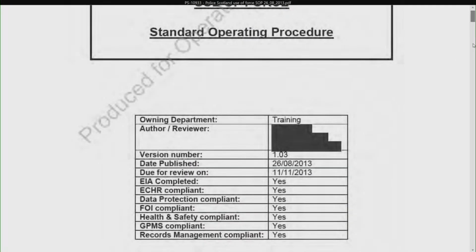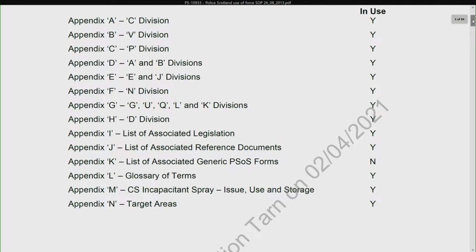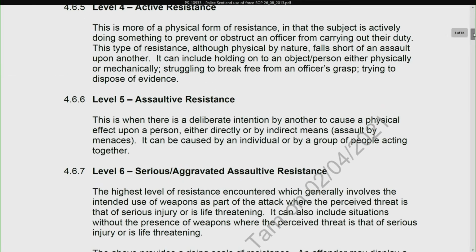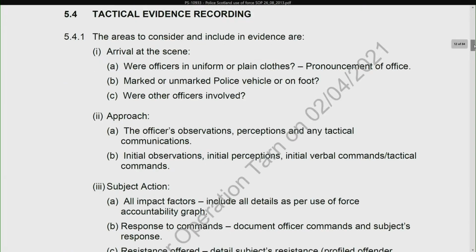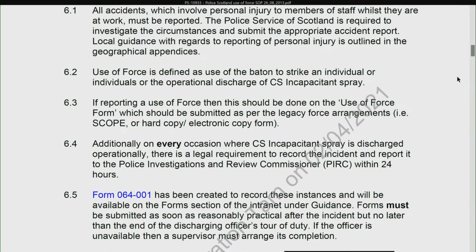And if we look at section 6.2, just to refresh everyone's mind, this was about the definition of use of force. And I said, you made comments about some of the things that weren't in that definition. Yes. And then we said we would look at form 064001, which was referred to in 6.5.